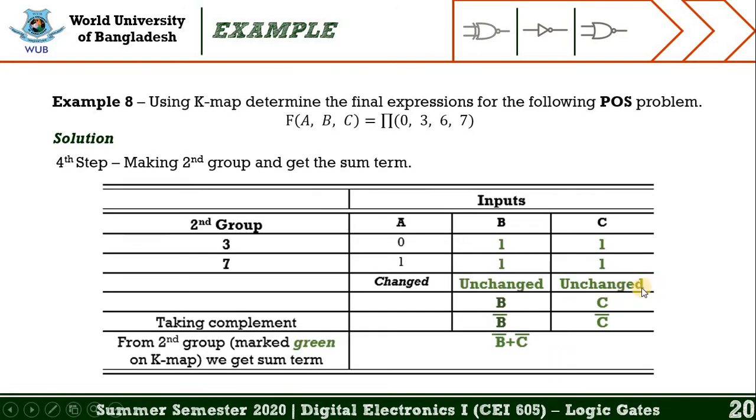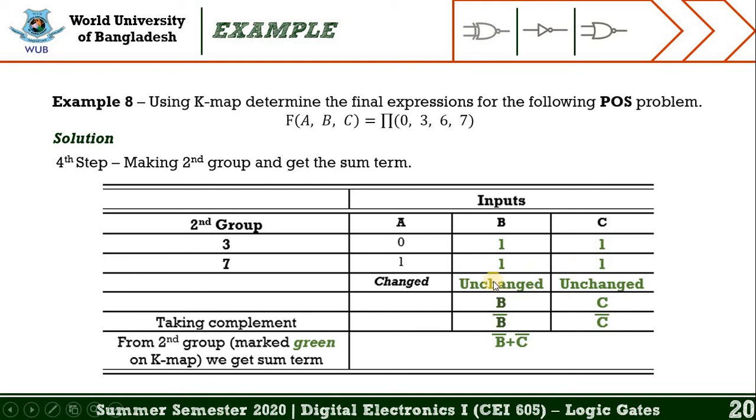Now we need to make the second group and get the sum term. We already saw the second group consists of 3 and 7. 3 is equal to 0, 1, 1, and 7 is equal to 1, 1, 1. You see the A input changes from 0 to 1 when it goes from 3 to 7, but in B and C there is no change.